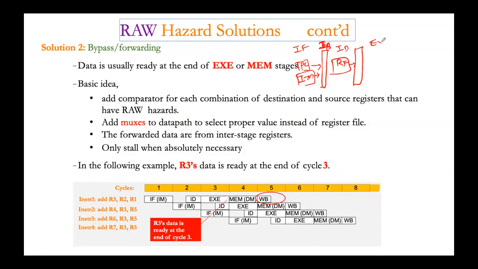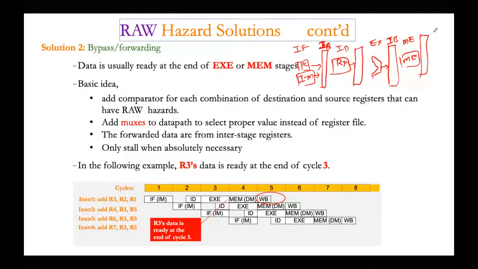In the execution phase, you have the ALU to do the mathematical operations, and the result of the ALU will again be stored in your inter-stage buffer. In the memory unit you have the memory part, and finally in the write back stage you have the register file again.